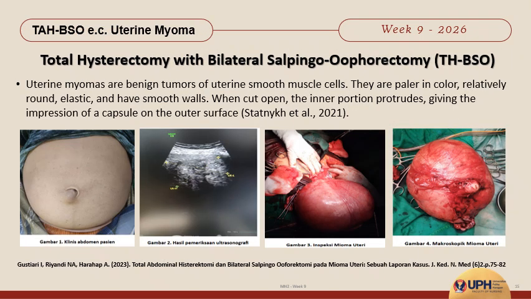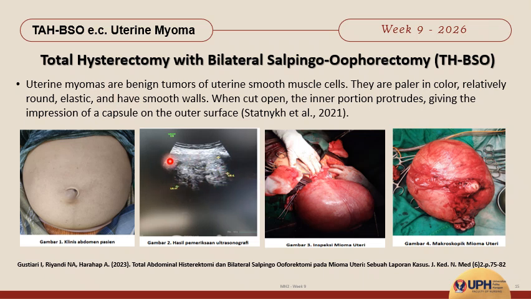Now take a look at this. This is what we call THBSO, total hysterectomy with bilateral salpingo-oophorectomy. These are the pictures that you can see. As you see, there are uterine myomas here, by the side, and through the ultrasound you can see how it looks.